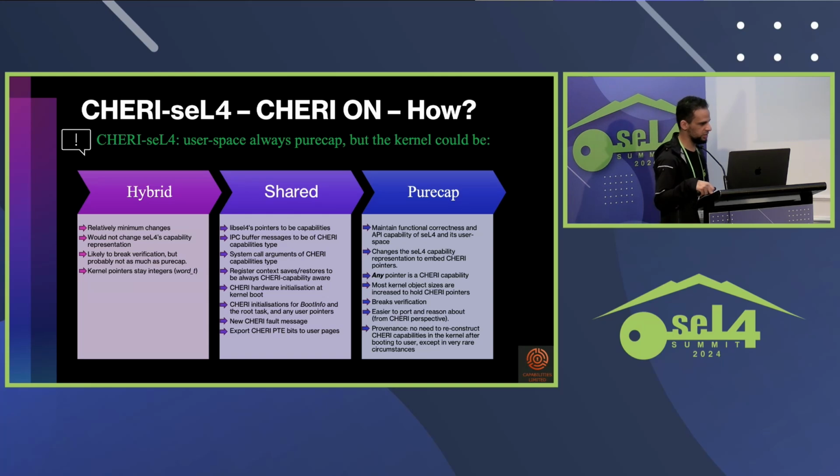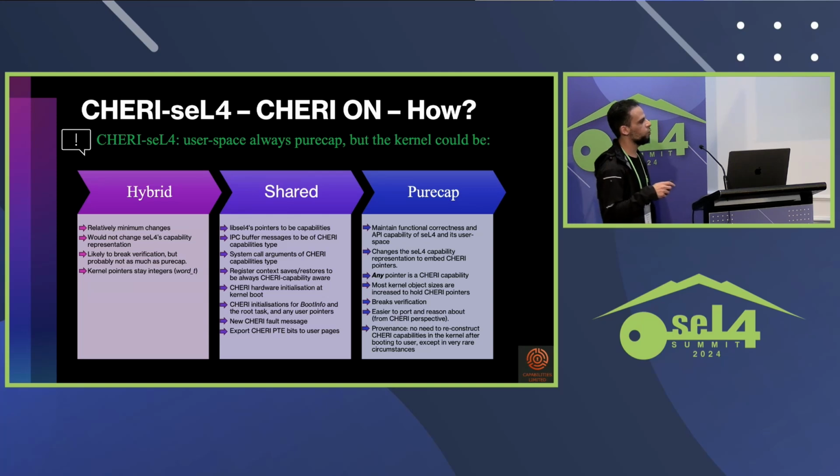The shared parts here are mainly what is exposed and exported to the user. So this is every pointer in user space. This includes libseL4, which is the interface between the kernel and seL4 user space. If there are any pointers here, they have to be converted to CHERI capabilities.